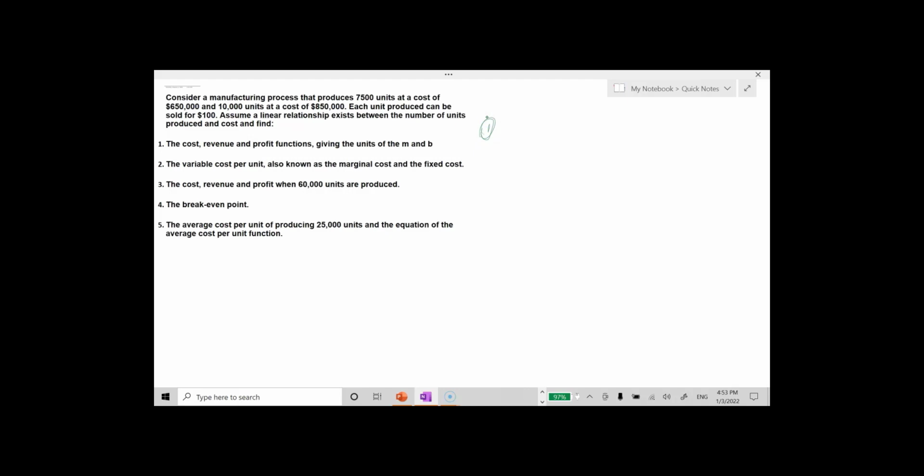Alright, so now we are given two conditions. We're producing when X equals 7,500 units. The total cost C of 7,500 is equal to $650,000.